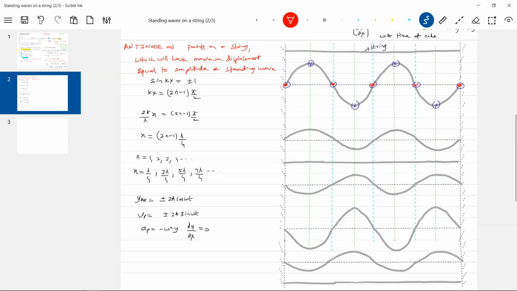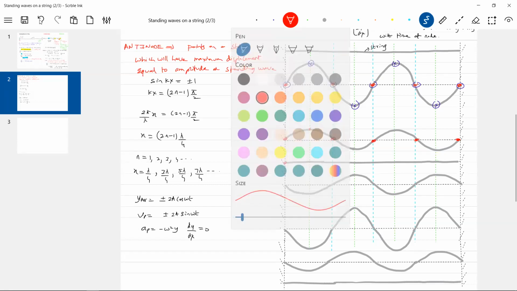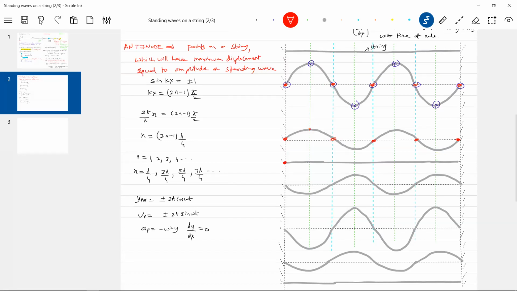So now this same antinode, this is a node. Okay, then antinodes will be represented here.